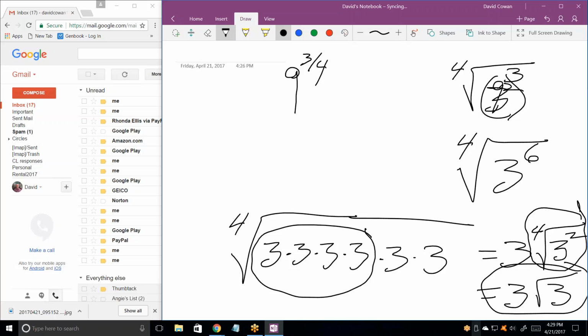As long as this number is bigger than that number, you can pull a 3 out. If that was 3 to the 5th, I would pull 1 out and leave 1 behind. Since it's 3 to the 6th, I'm going to pull 4 of them out and leave 2 behind. And then, yeah, okay, that makes sense.